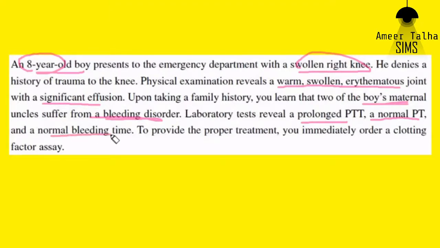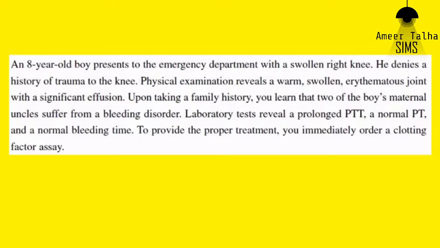So this is a case of hemophilia. In hemophilia, bleeding time remains normal, prothrombin time remains normal. However, the partial thromboplastin time is on the higher side. Why? Because hemophilia is a disorder of clotting factor.